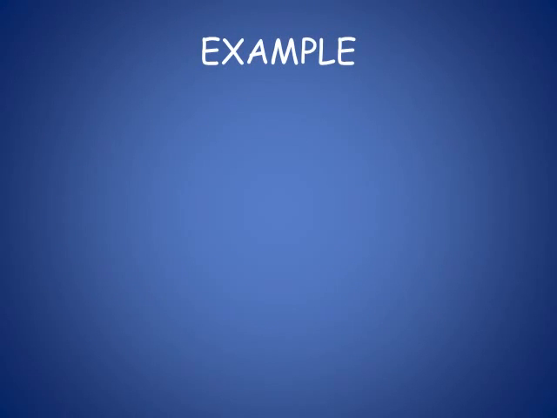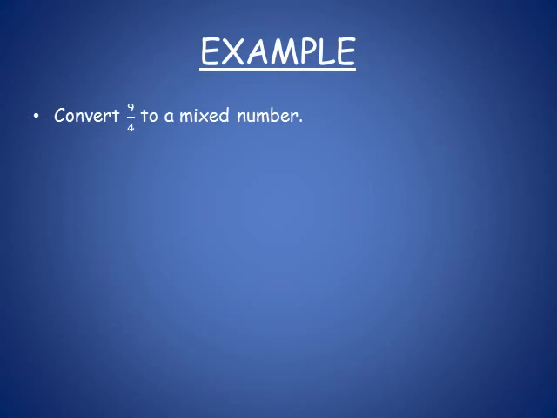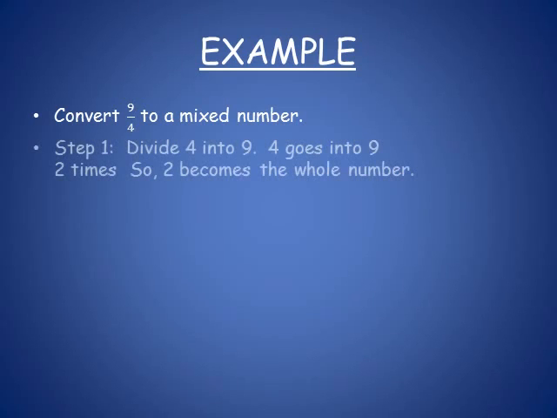So here's an example. Convert 9/4 to a mixed number. Step 1, divide 4 into 9. So we know that 4 goes into 9 2 times. So 2 becomes the whole number.